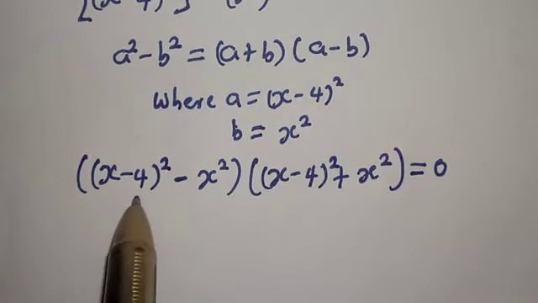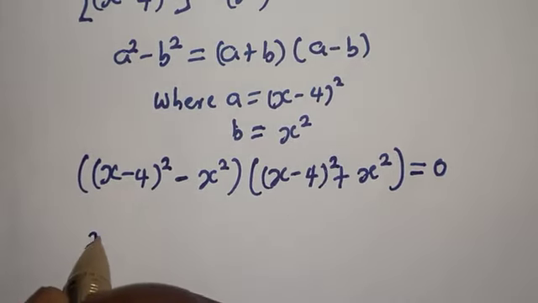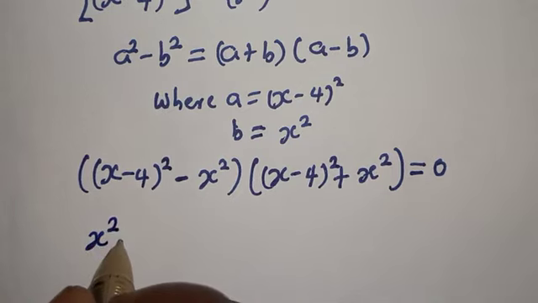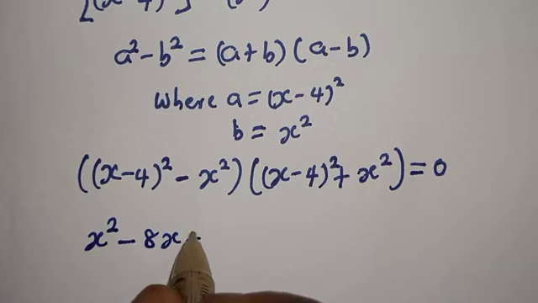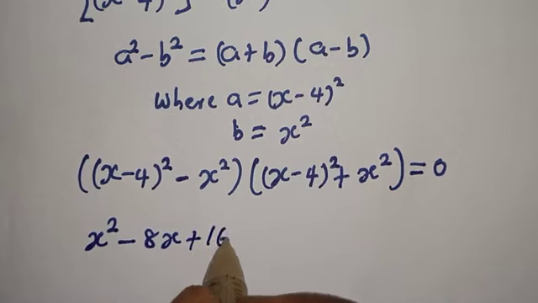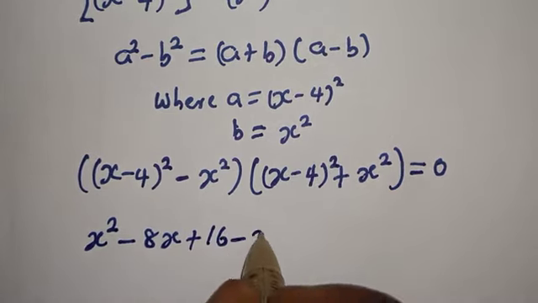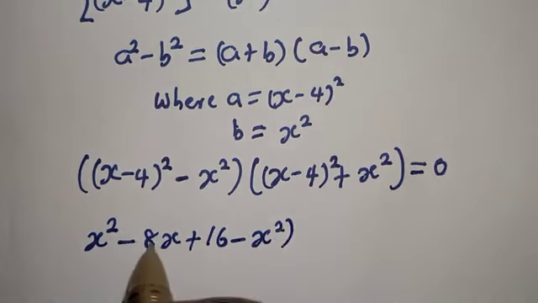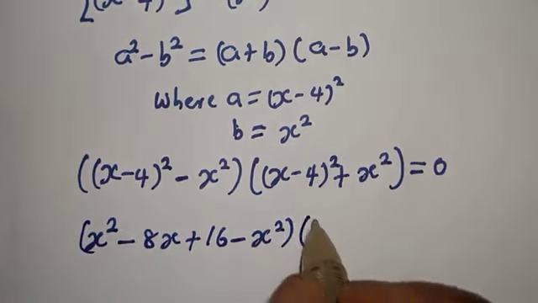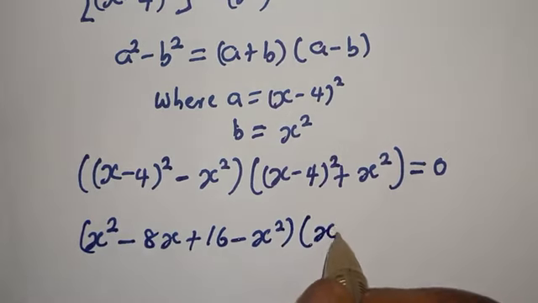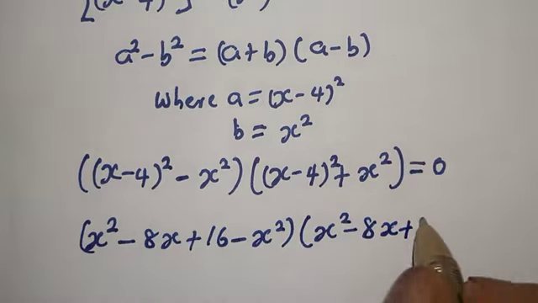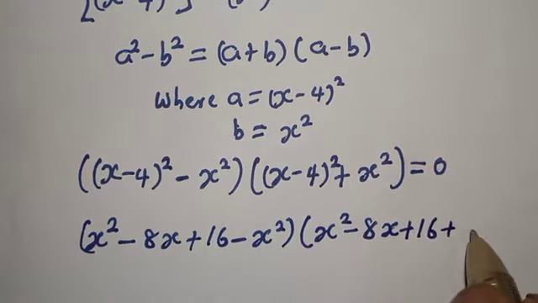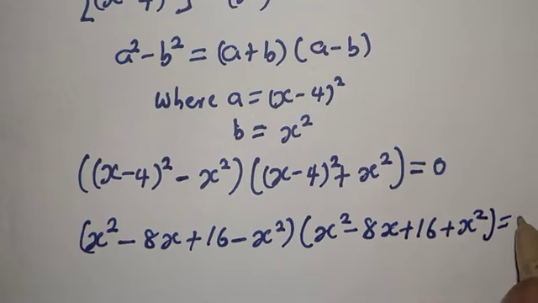Now (s − 4)^2 is s^2 − 8s + 16, then minus this s^2, multiplied by (s − 4)^2, which is s^2 − 8s + 16, then plus this s^2, is equal to 0.